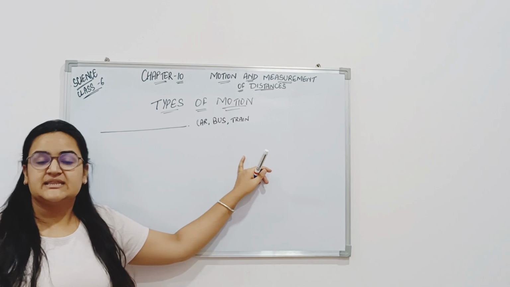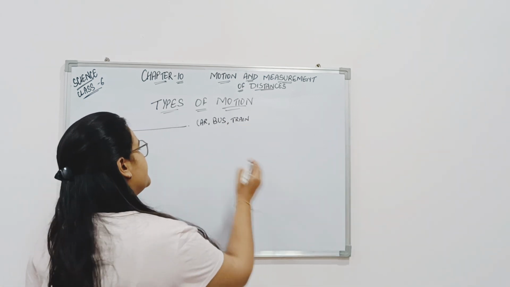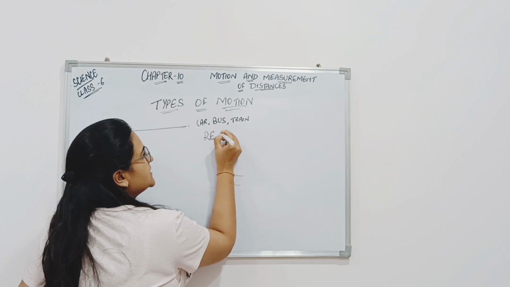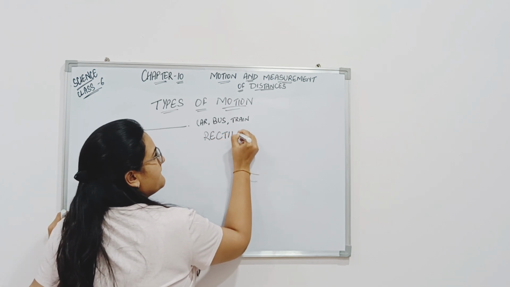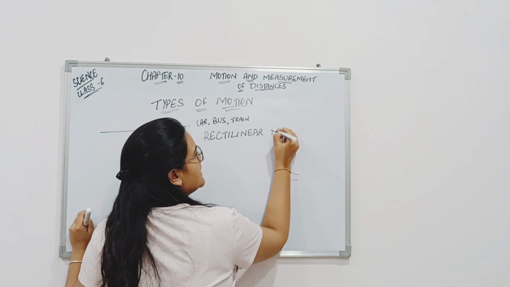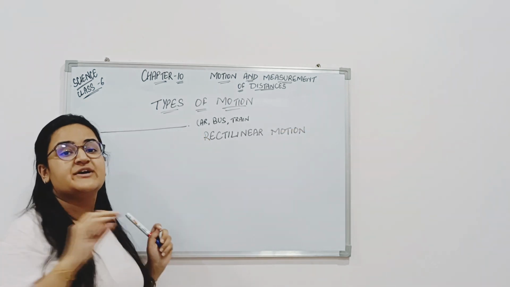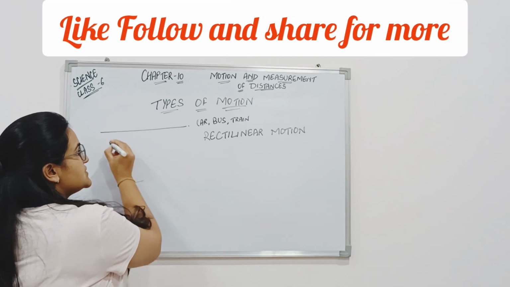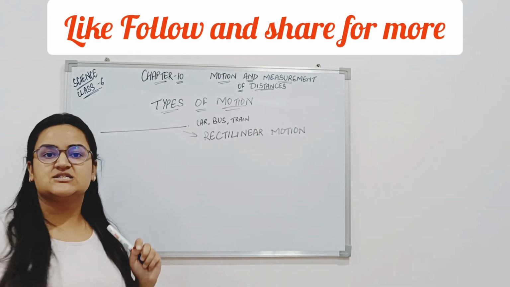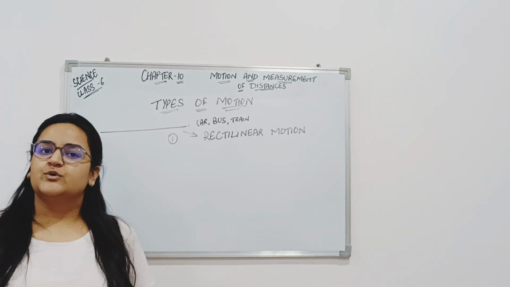Any movement that happens in a straight direction is called rectilinear motion. Rectilinear motion is the motion of any object in a straight direction. So this is the first type of motion.